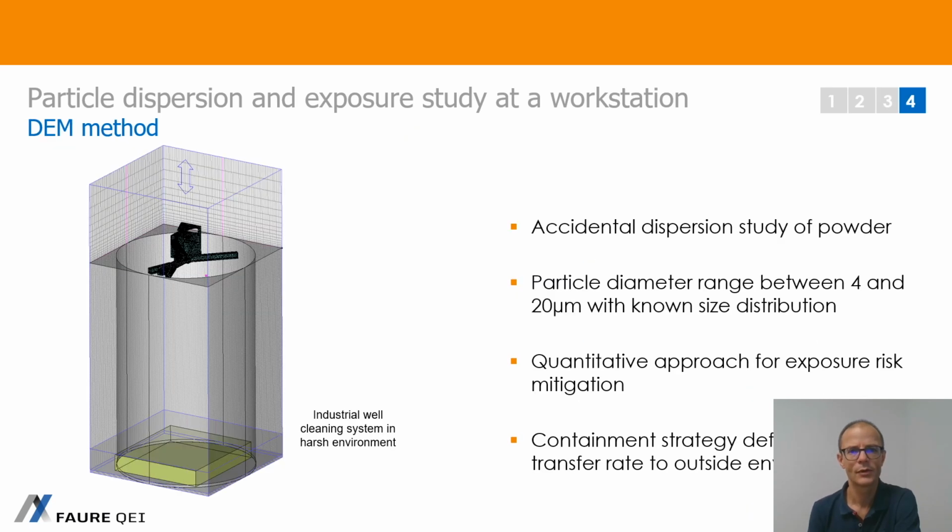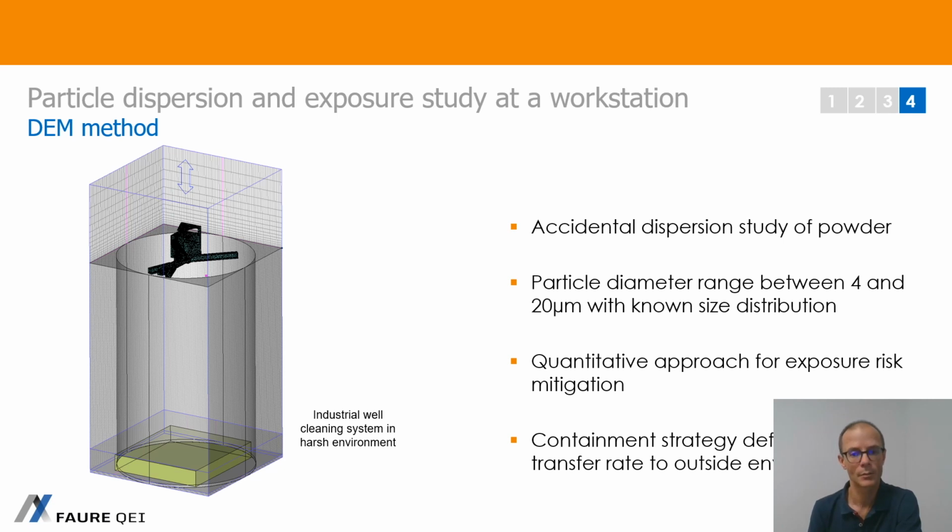My last example will show you some data obtained with an individual particle model, which is called a DEM. So this example is an industrial well where there is a cleaning system that should work. The accidental dispersion of powder is studied here to understand what would happen if the system fell on the sedimentary layer.